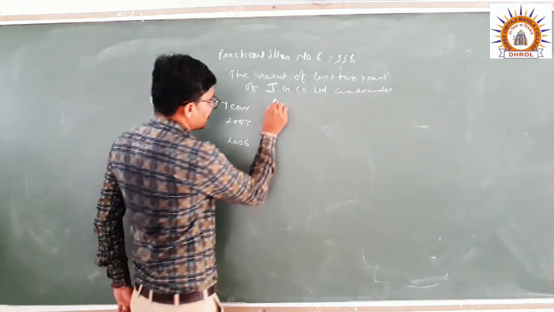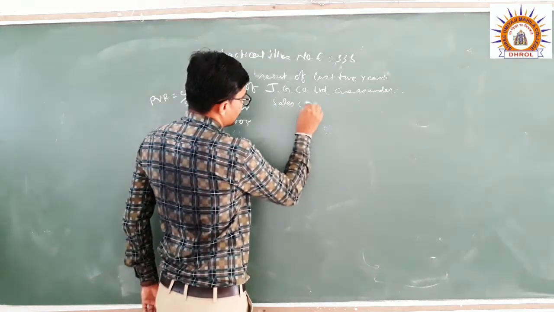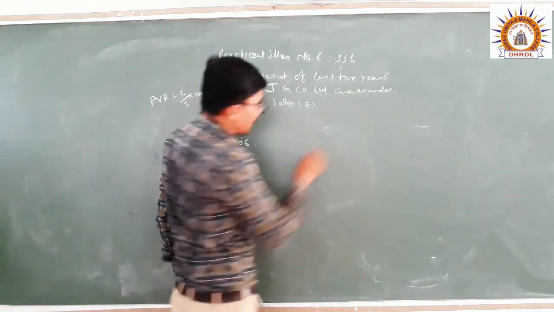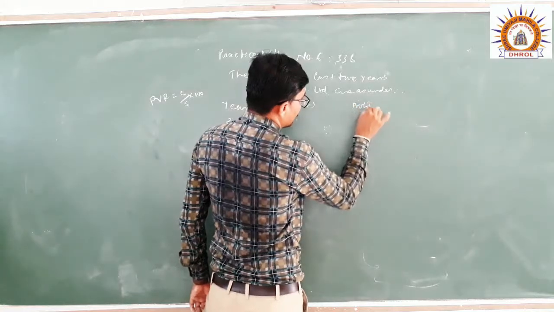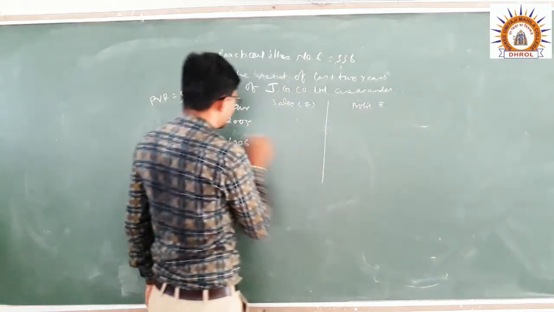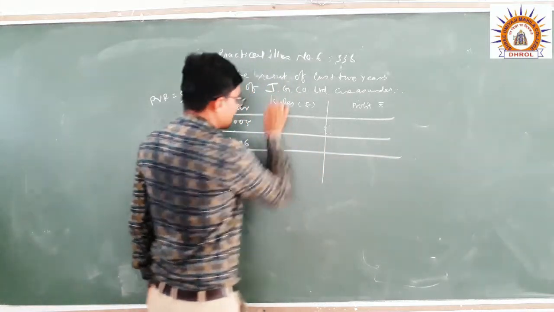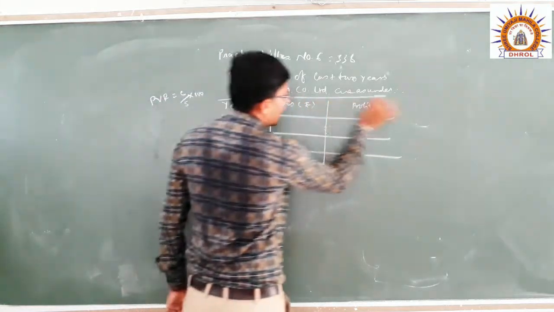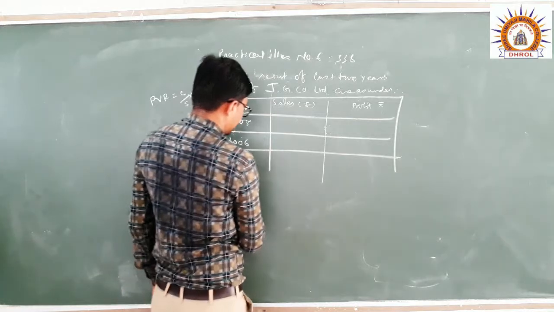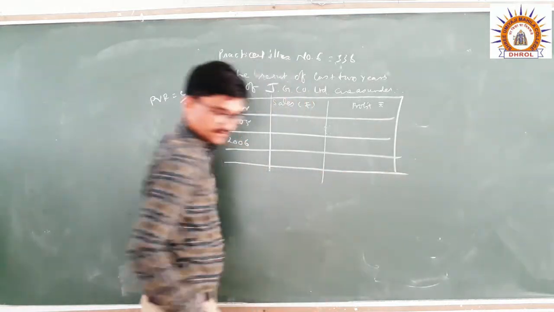Here the amount of sales is given in rupees, and the profit also in rupees. See, suppose the question is given like that.